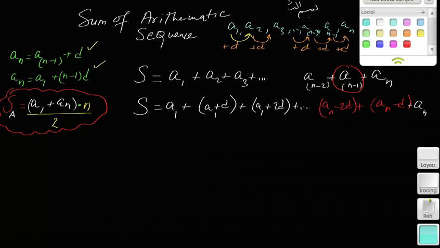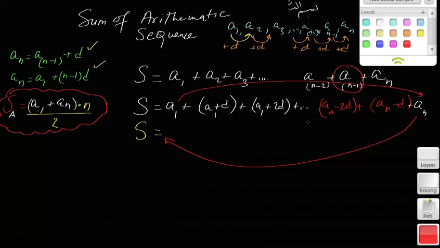Now what we do is actually quite an ingenious mathematical trick. What I'm going to do is rewrite this same thing, except I'm going to write it backwards. In other words, I'm going to bring this in the front, and then this over here, and then I'm going to take this in the back.